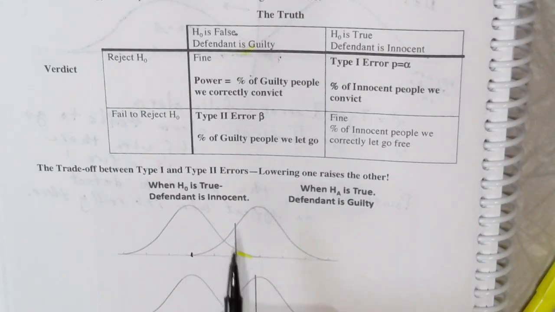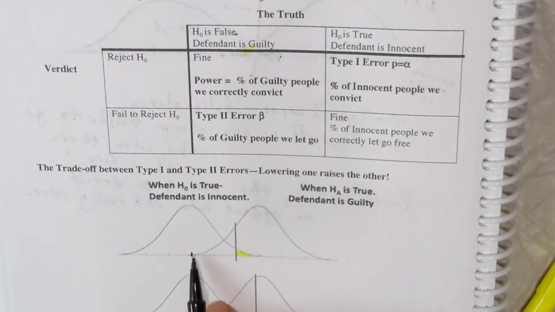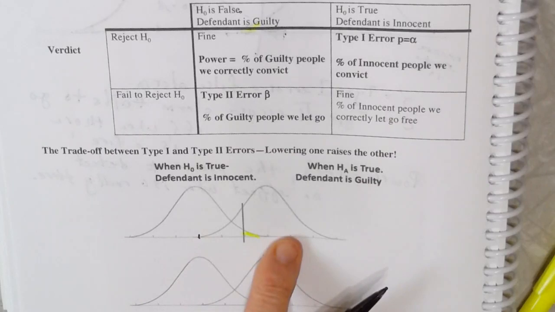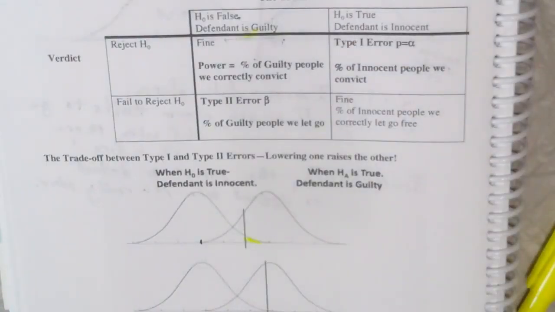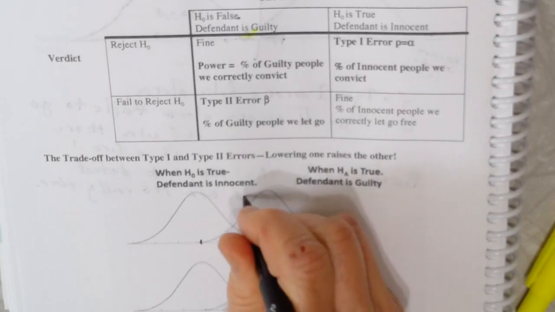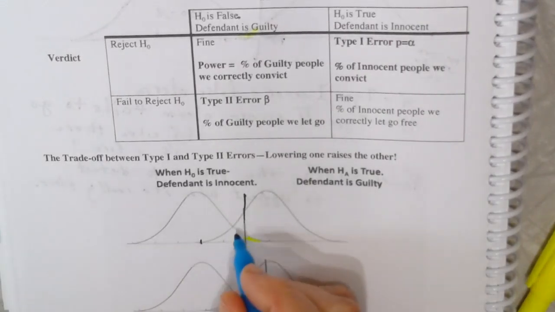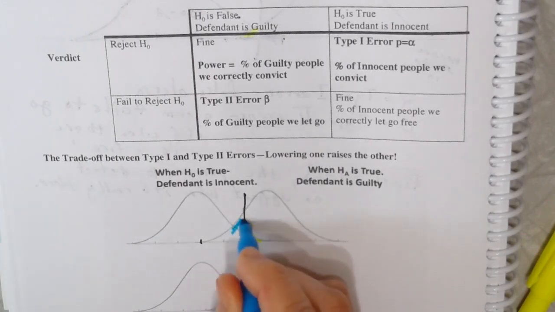But then there's also these guilty people here. And some of them have very little evidence against them, even though they are guilty. Of course, they're shifted way up on this axis, but it's not perfect. So you have to make a decision. So when we decide, right here, we make some cutoff. The other type of mistake we're making is if the defendants are really guilty, of letting them go.